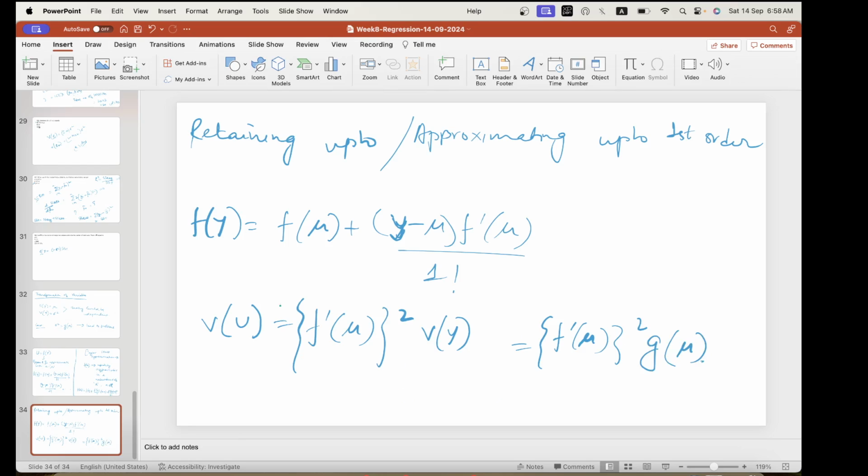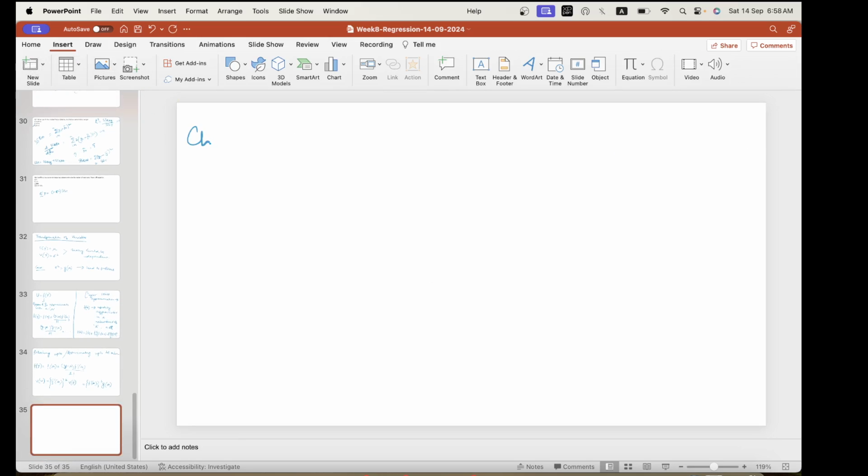Now let's set variance of u to 1. Then we would have f prime mu whole square into g mu equal to 1.